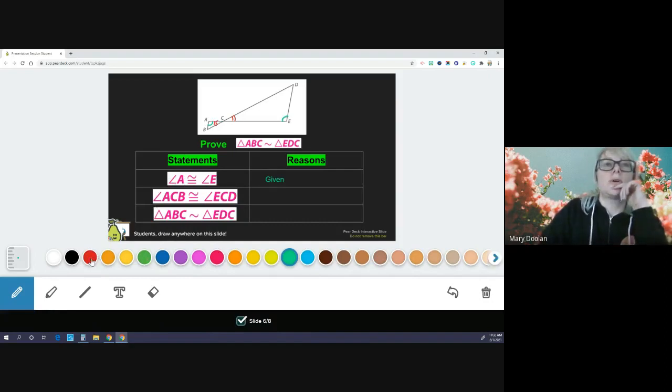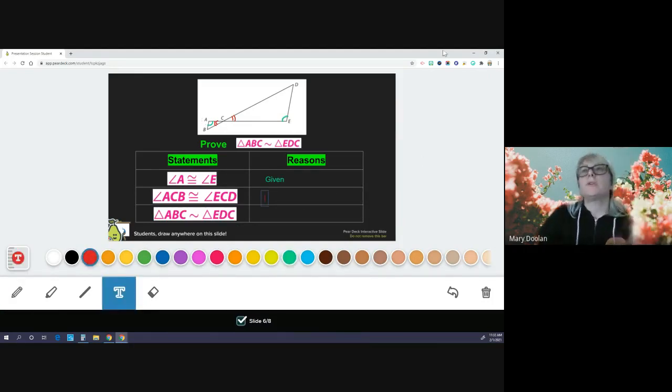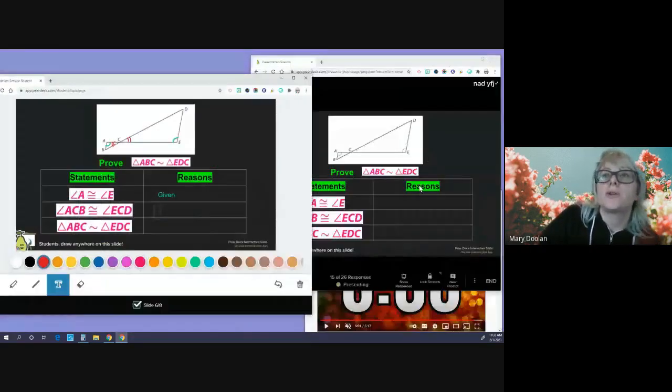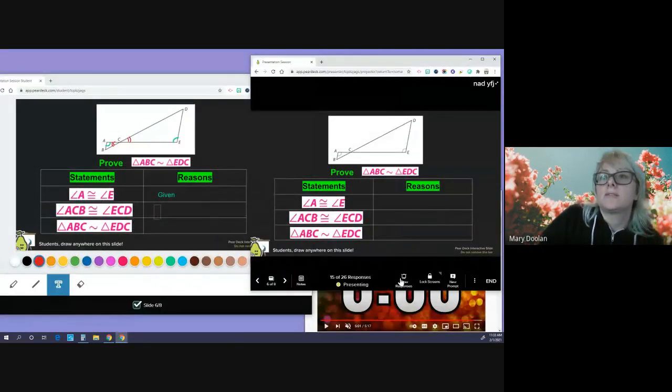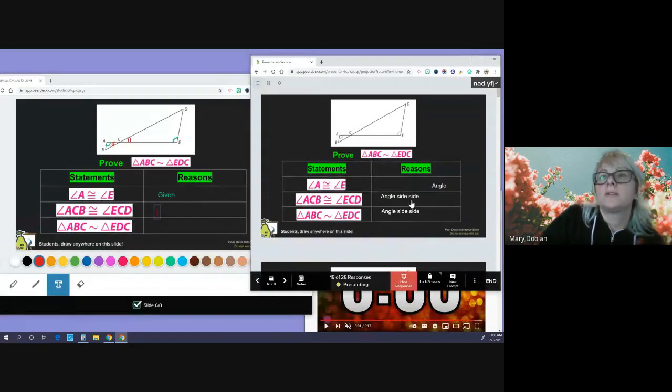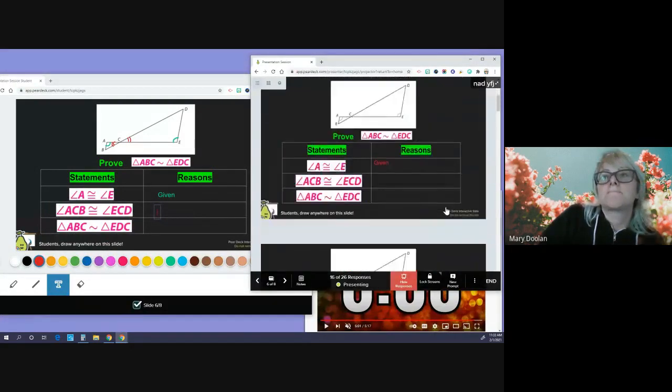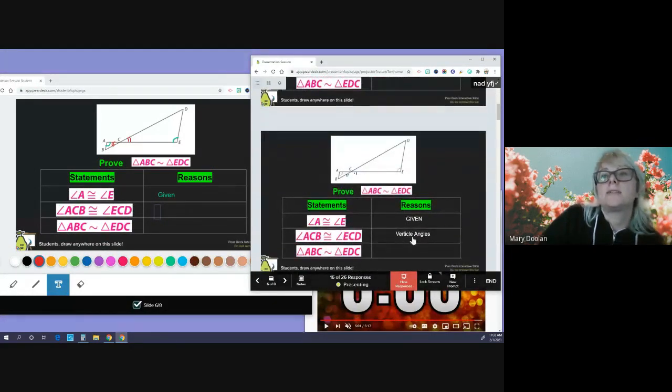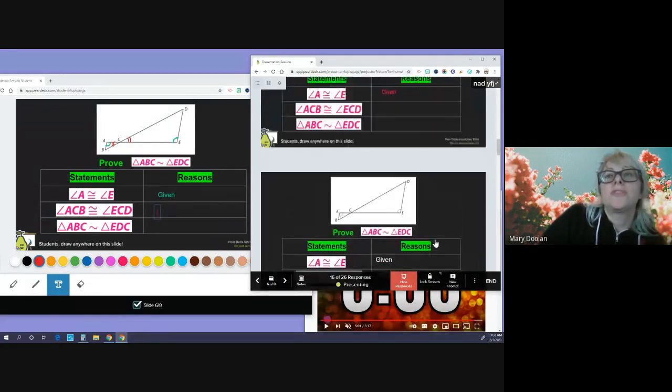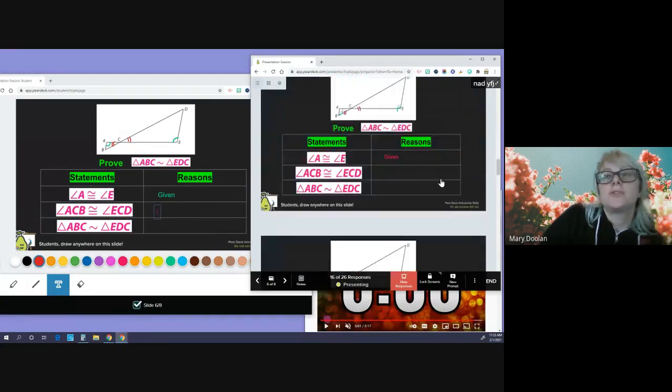And now I'm on to saying that the two angles that are marked with the double arc marks are congruent. How do I know that? Let's see if someone came up with it. This is very good. Vertical angle theorem. They're vertical angles.